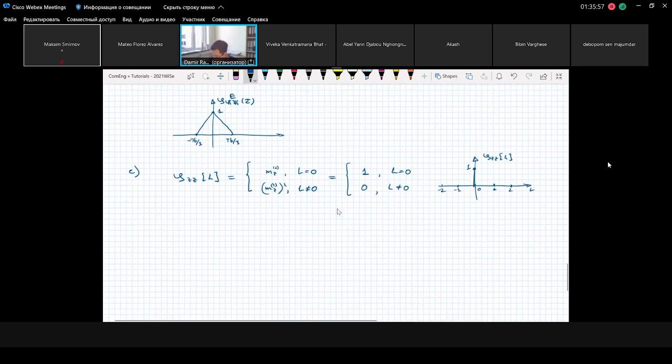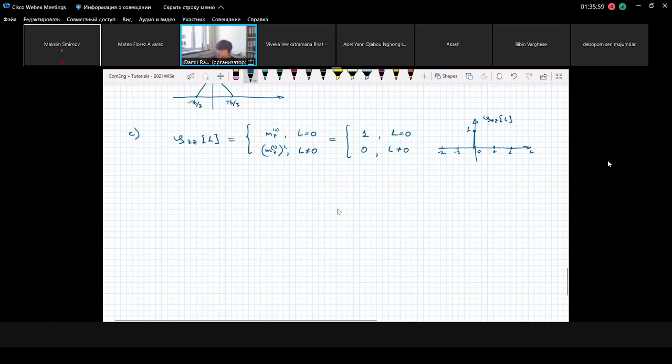And if we normalize this autocorrelation function by the duration of a symbol, then we can find how the autocorrelation function of this discrete sequence of weighted delta pulses will look like. I will show the result.